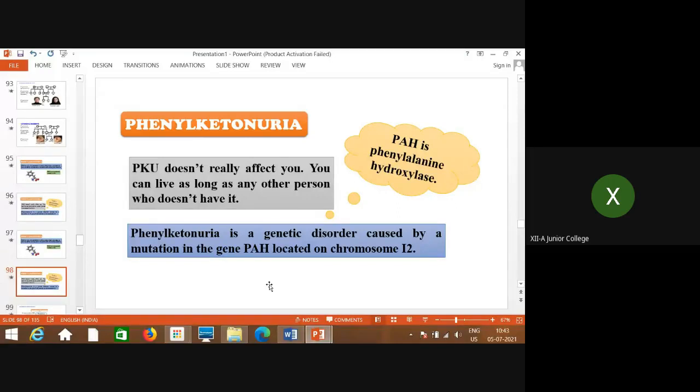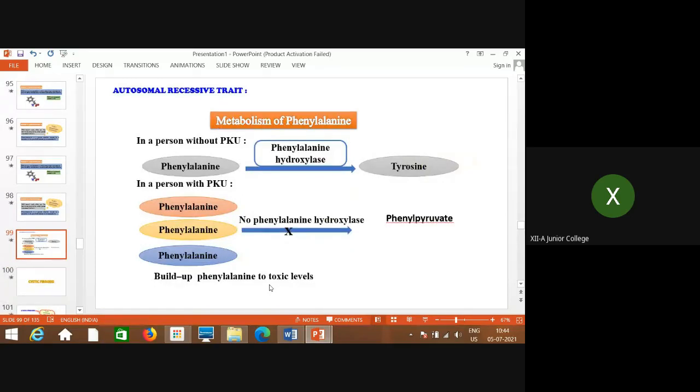So PKU, phenylketonuria, as it is called, doesn't really affect you, but as I told you just now, let us see what metabolism takes place. Just see here, in the normal person without PKU, what happens? The phenylalanine hydroxylase enzyme is produced, which produces tyrosine.